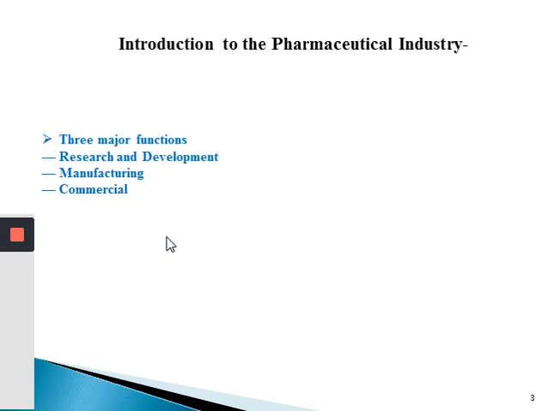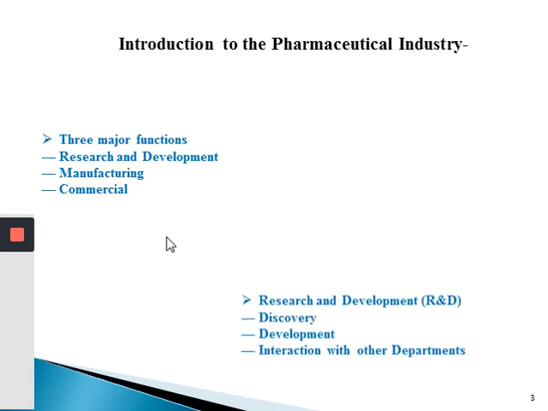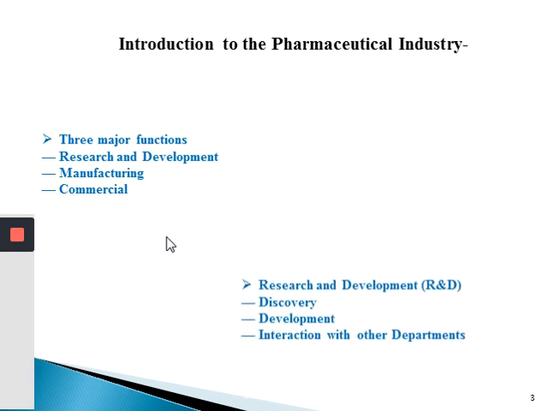So first of all, in any industry, in the pharmaceutical industry, there are three major functions. First is research and development. Second is manufacturing. Third is commercial. In the research and development department, again there are three functions.